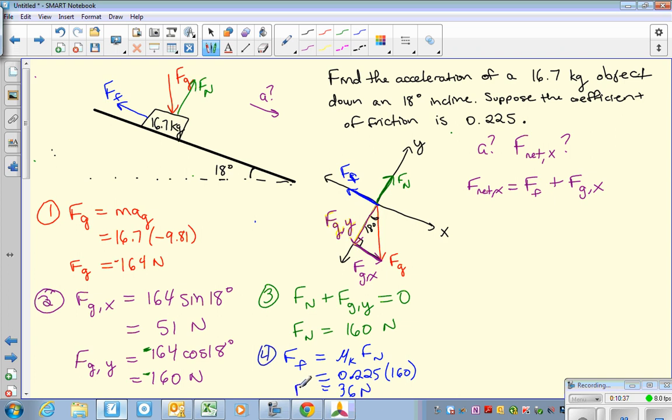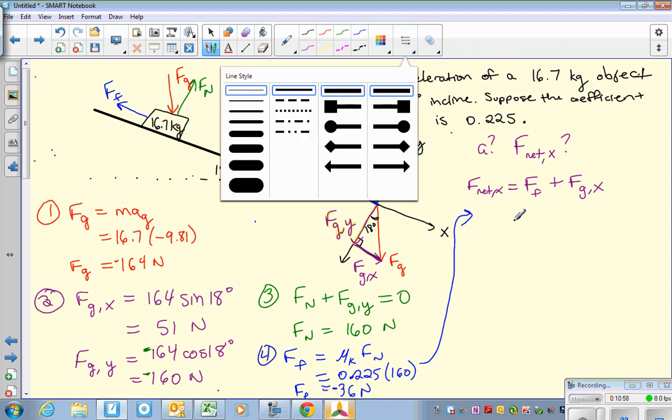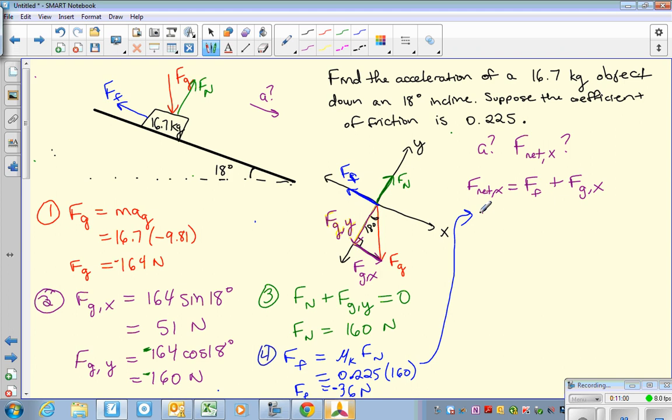But because this friction force is acting up the ramp or in the negative x direction, sorry, I don't know why my Pandora thing's popping up, that should be negative 36 newtons. So now that we have friction force, we can finally get back to where we want to be. And my net force in the x direction, I usually like to write net to be separate from normal.